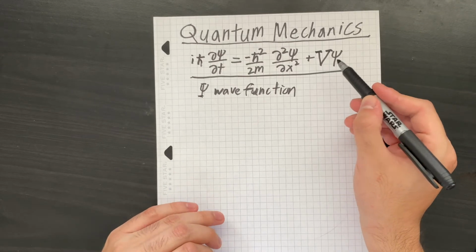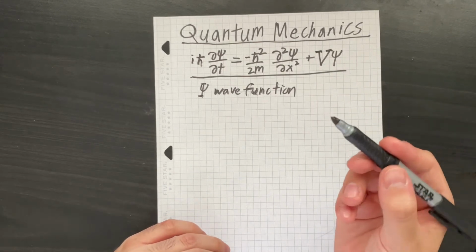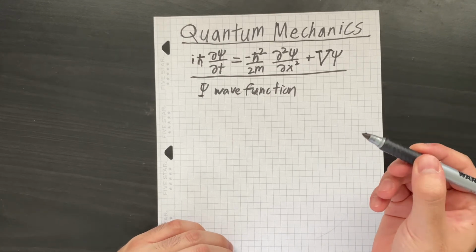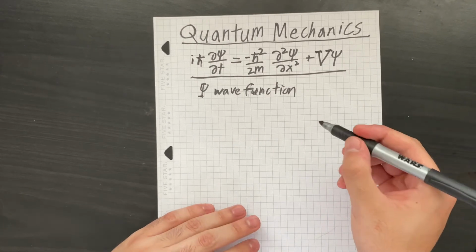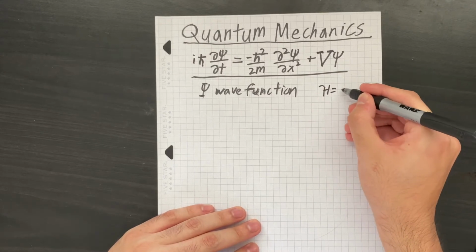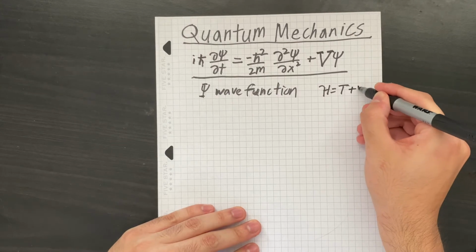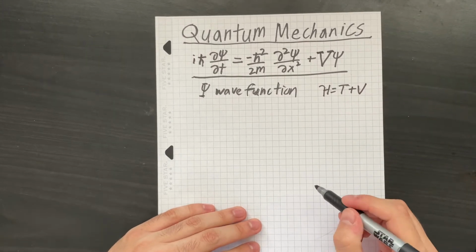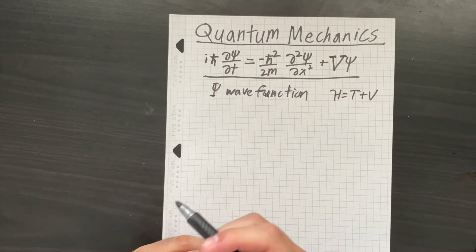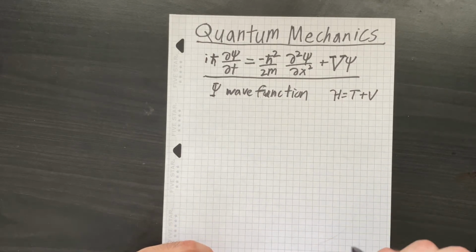If you've taken any Hamiltonian mechanics, this is pretty similar, where the Hamiltonian is equal to the kinetic plus potential energy. So we'll see this come up later too when we dive even deeper into the equation.